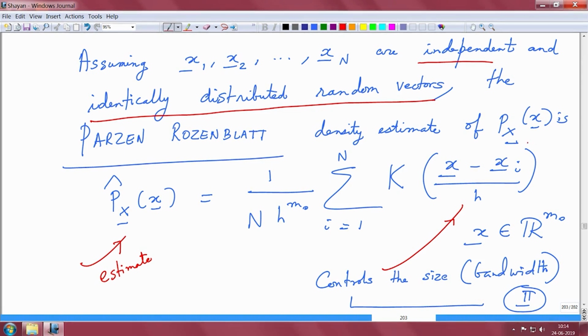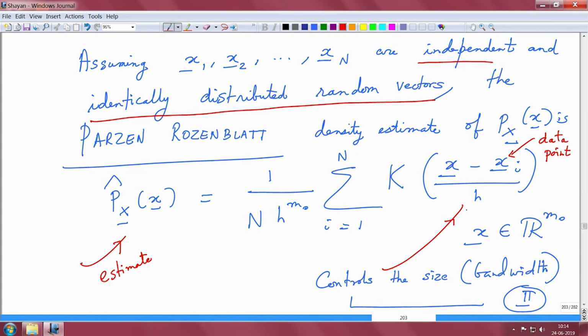Recall again that xi is the data point and x is some continuous random variable. Okay.